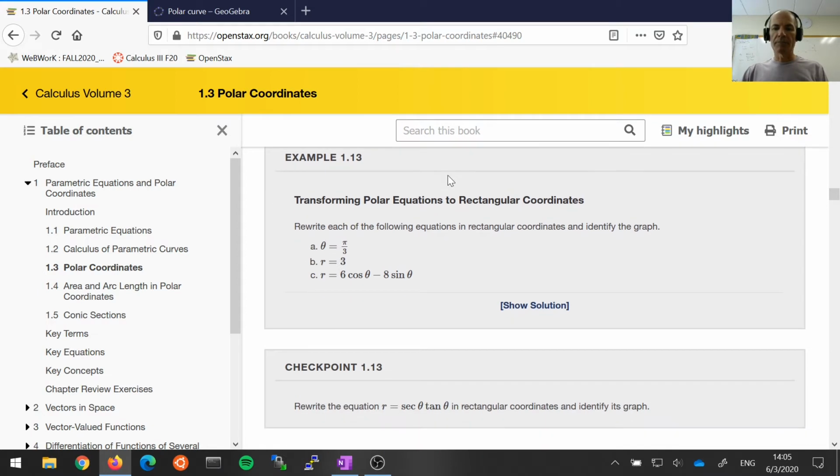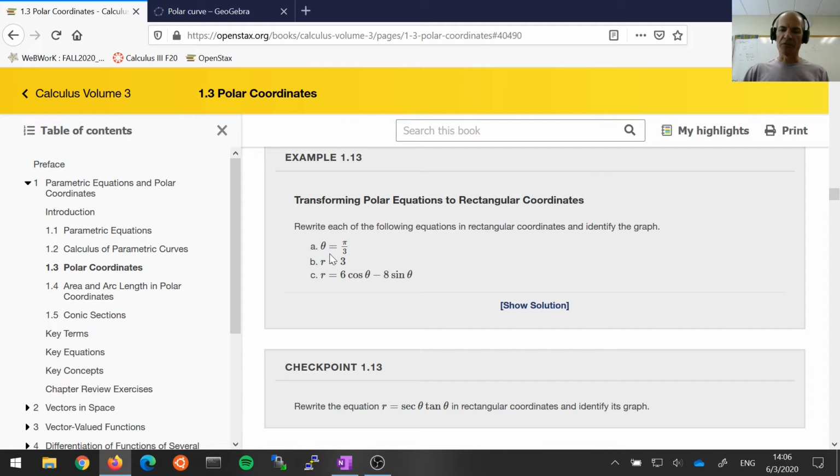All right. Transforming equations to rectangular coordinates. These are equations involving r and/or theta. To convert them to Cartesian coordinates, usually the easiest thing to do is to simply take theta, for example, and replace it with the arctan of y over x, and take r and replace it with the square root of x squared plus y squared.